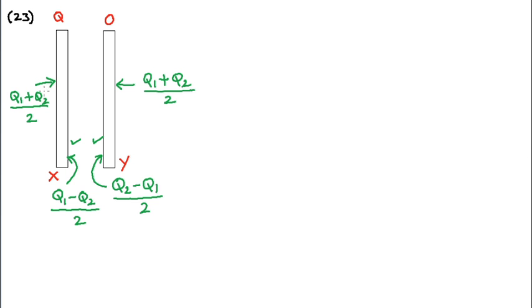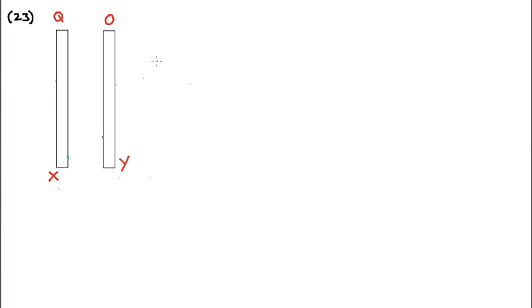In short, what I will be doing is to derive the answer using the same method that we used to derive this general result, that is (Q1 plus Q2) by 2 is the charge on the outer surfaces, etc. So we'll try to do it by first principles so that we can revisit the basic concepts, but in the examination you might want to do it by the formula if you remember it.